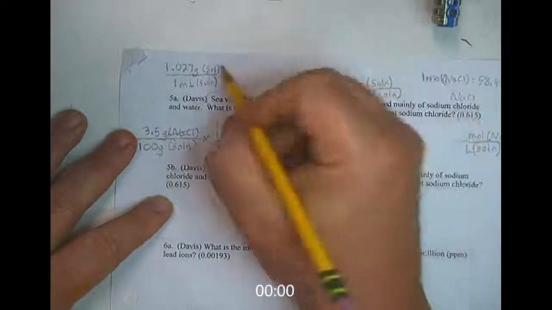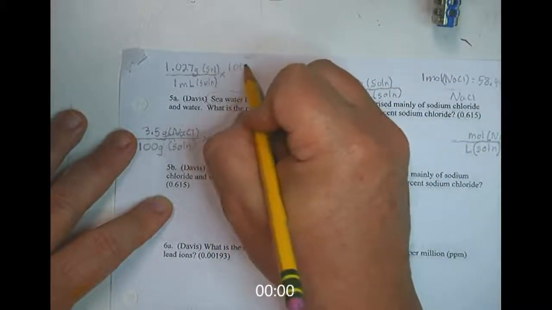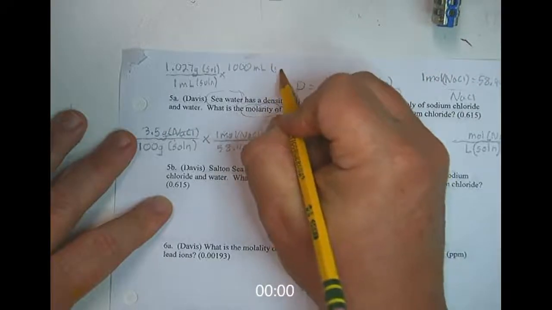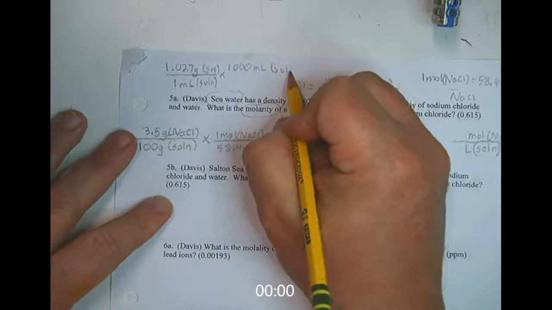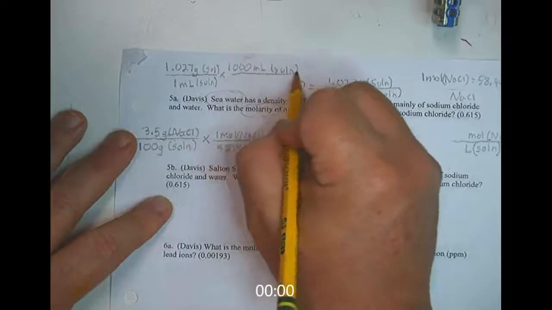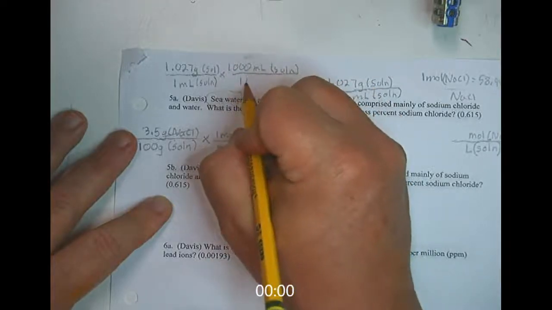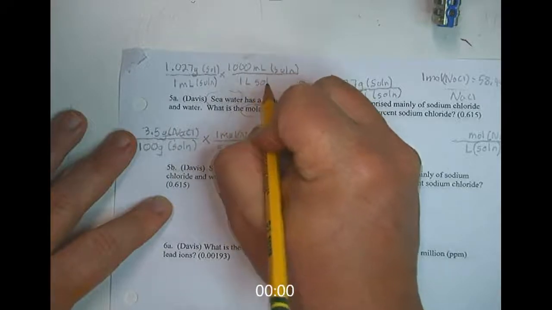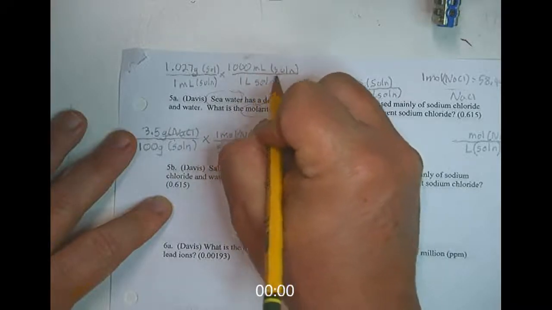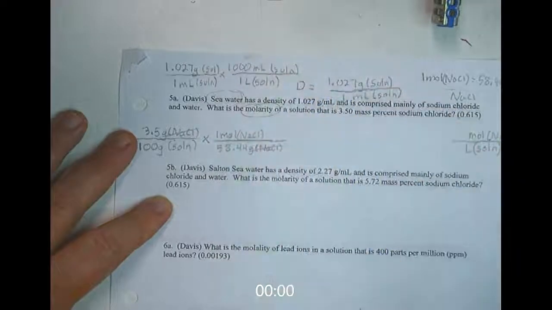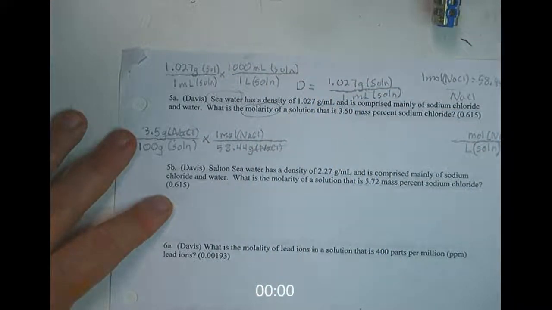So there's 1,000 milliliters of solution for every liter of solution. All that is a simple milliliters to liters conversion. It doesn't have to be a solution. It could be of anything, but we're interested in the solution.